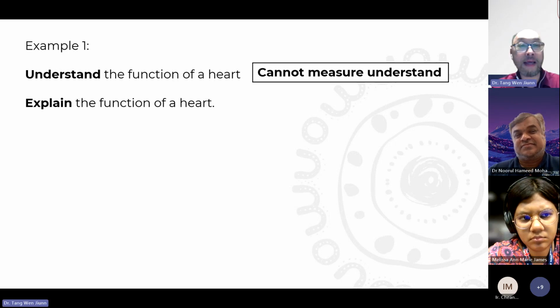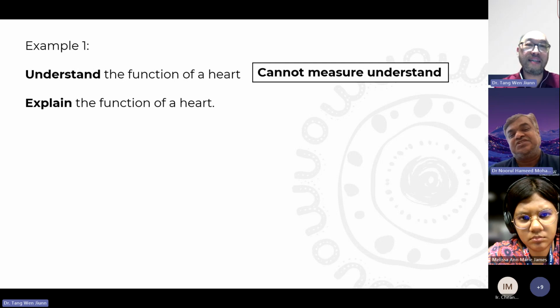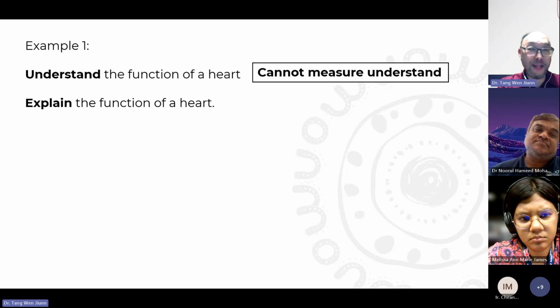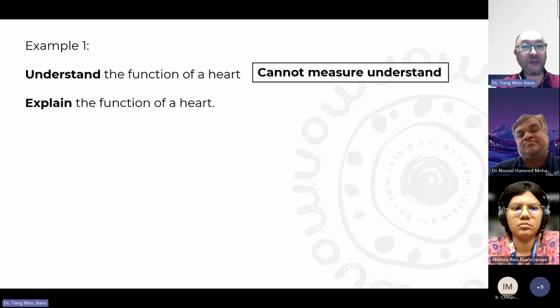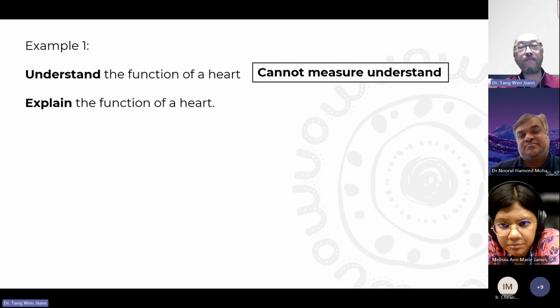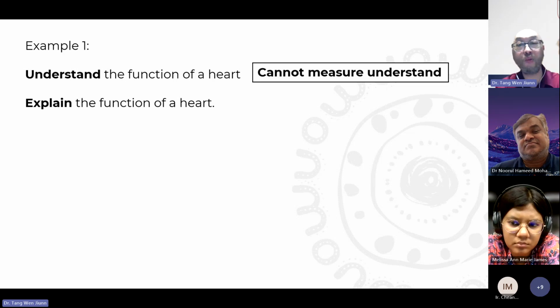If we want them to explain, then explain the function of the heart. If we need them to know the components of the heart, we can say describe the components of the heart. So very specific about what we want them to achieve.